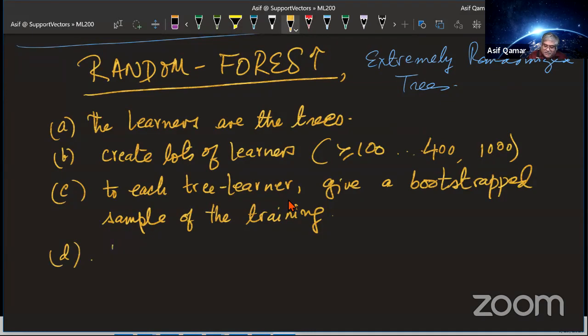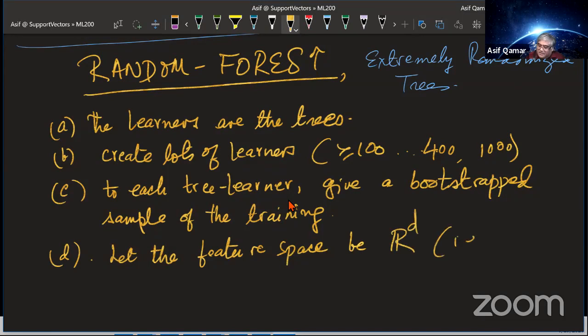Let the feature space be R^P. Suppose there are P features. P can be 5 or 10 or whatever, 100 features, P features.